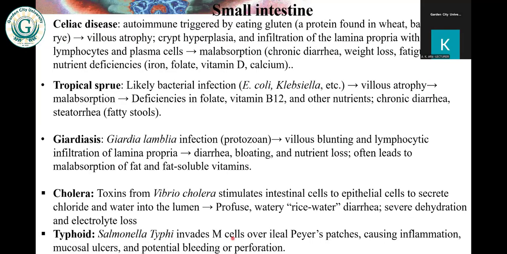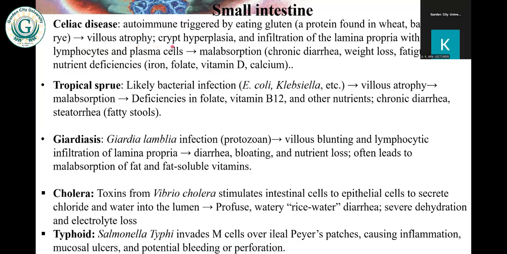Then if you look at celiac disease, it's an autoimmune condition. There are some people who don't tolerate gluten. It is autoimmune, triggered by eating gluten. Gluten is a protein found in wheat, barley, and rye. So there is destruction of the villi.